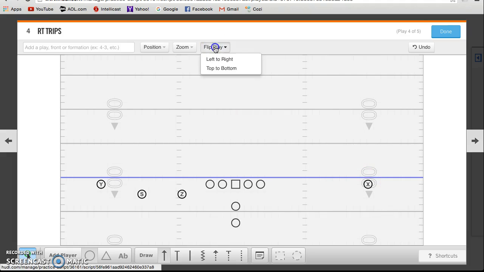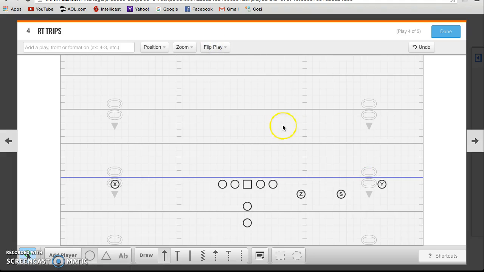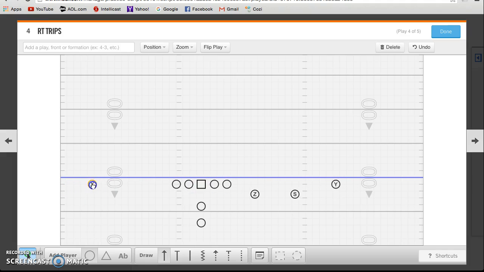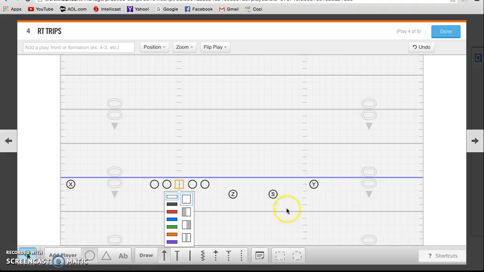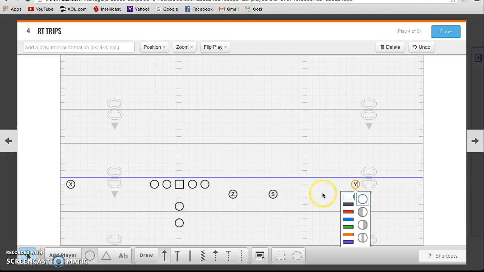All right. So let's go back to right and see what happens when the ball moves again. We talked about moving from hash back and forth and in between. So again, if the ball moves a little bit, you're going to move a little bit. If the ball moves a lot, you're probably going to want to move a lot. So let's say we're trips to the field. My recommendation again, you are going to be inside the numbers.